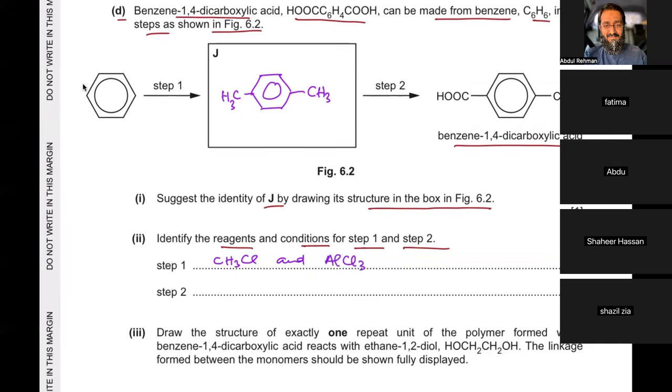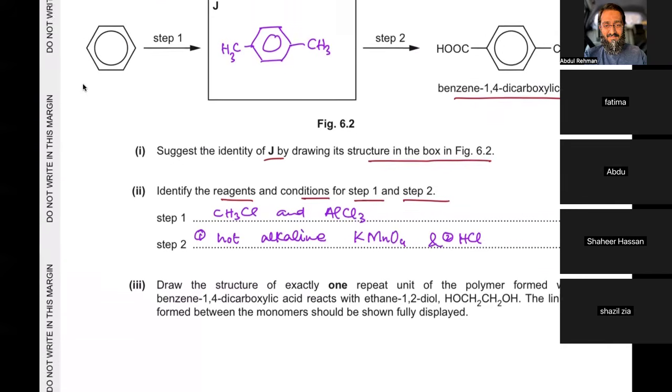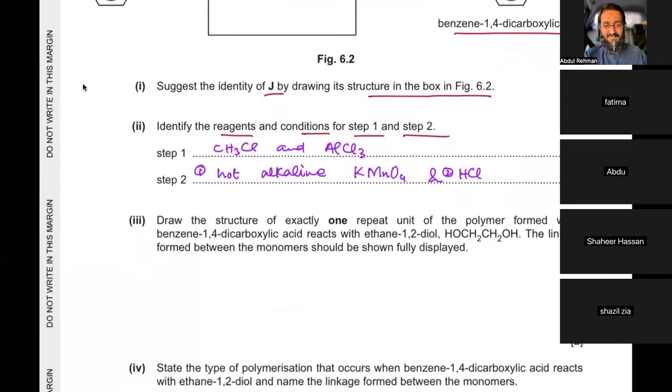And in the second case, we need hot alkaline potassium manganate, and then we use hydrochloric acid secondly. No, not acidified KMnO4. A side chain on benzene can always be oxidized by alkaline KMnO4, then we add acid.